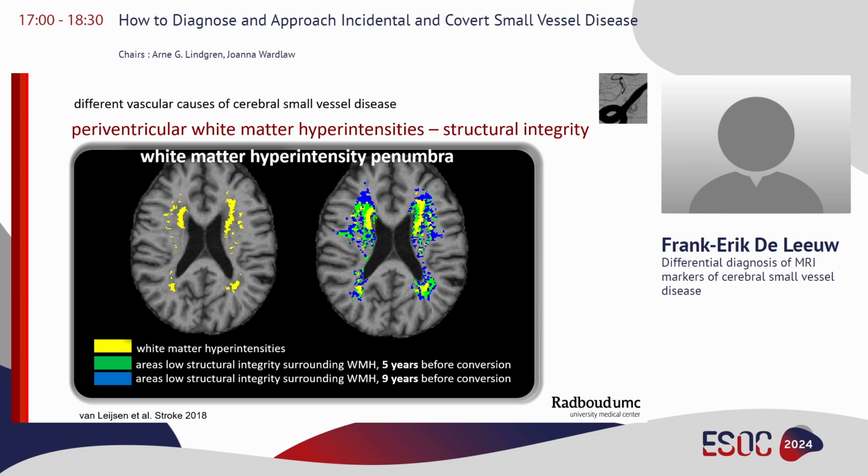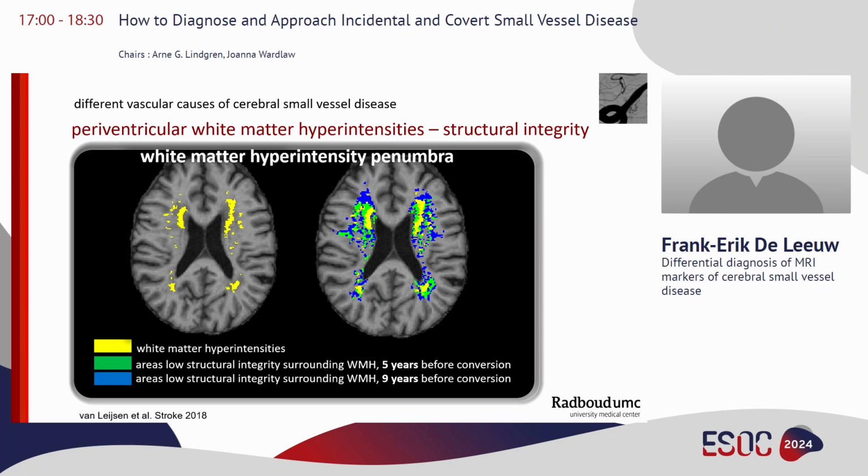And in the areas of green, you see areas of low structural integrity at the baseline scan that are about to convert to white matter lesions 5 years later. And even surrounding those areas, the areas in blue are also areas of lower microstructural integrity that are about to convert 9 years later into white matter lesions.